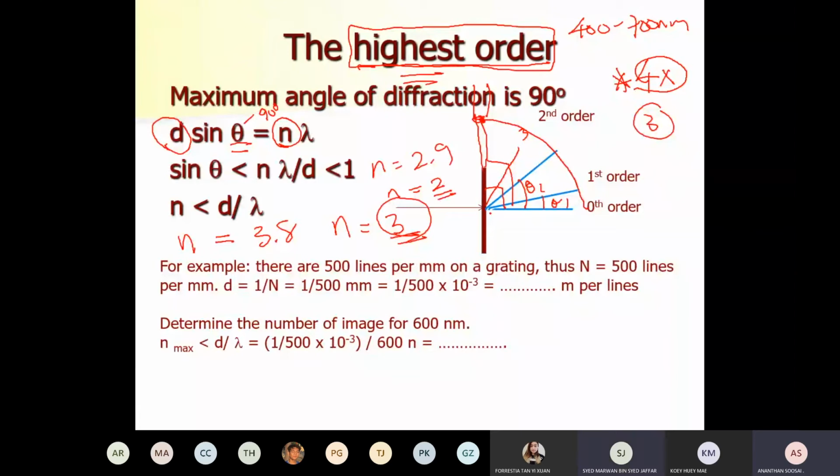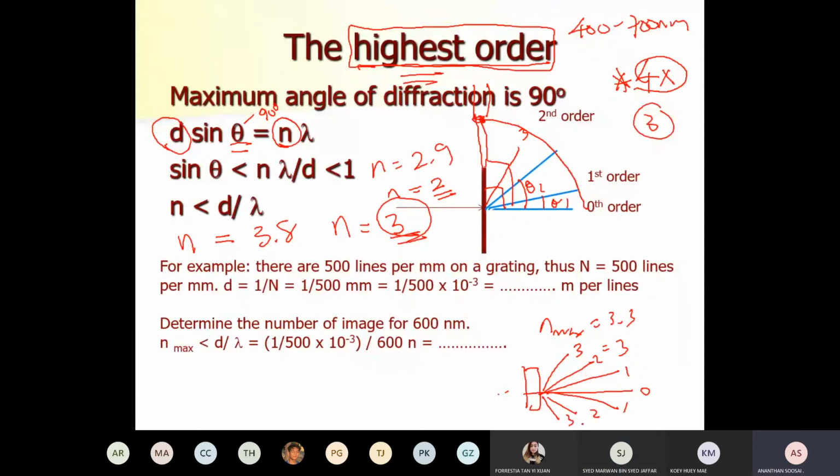So let's say the n maximum you got is 3.3. So you go for 3. That means by using a diffraction grating, how many bright spots are you going to see on the screen? Center 1, the zeroth bright. 3 orders means this is first order, second order, third order appearing here. Then down you get another first, second, third.